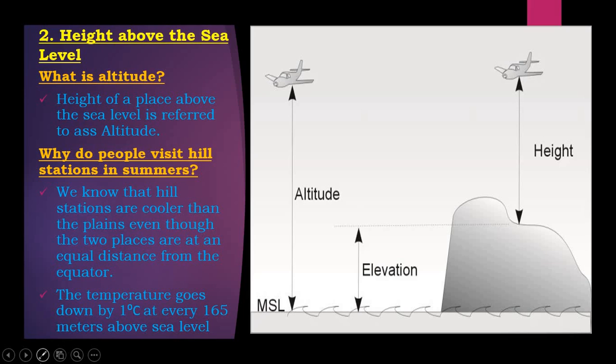So as we go higher from the sea level, the temperature decreases. It becomes less because the atmosphere is thinner and it absorbs less heat, thus making the place cooler. This is why very high mountains are covered with snow throughout the year.